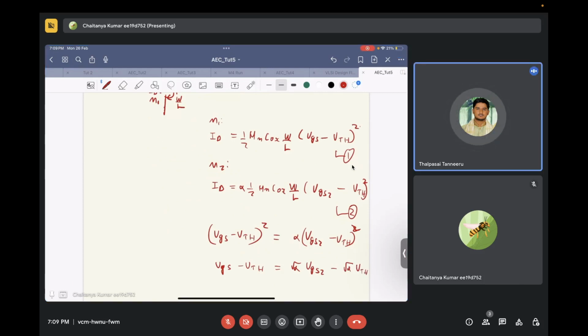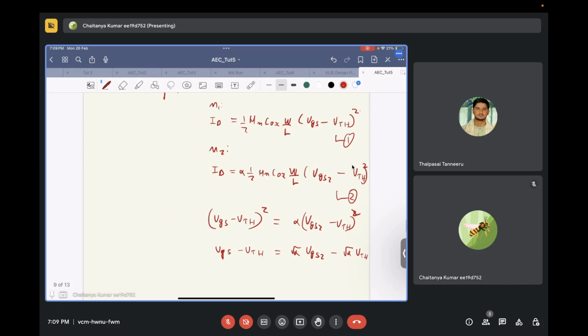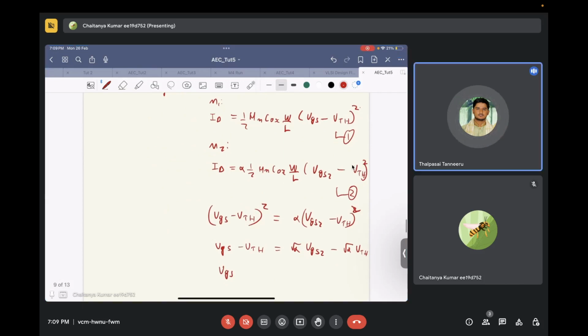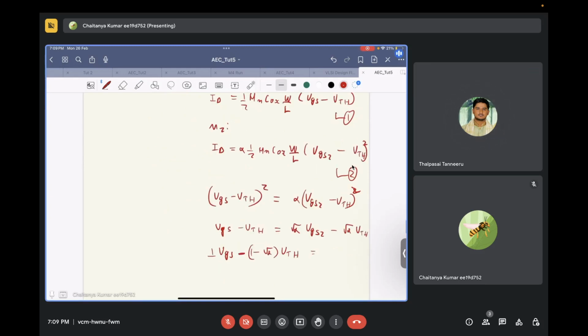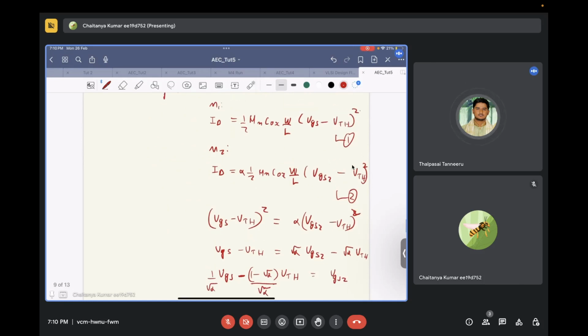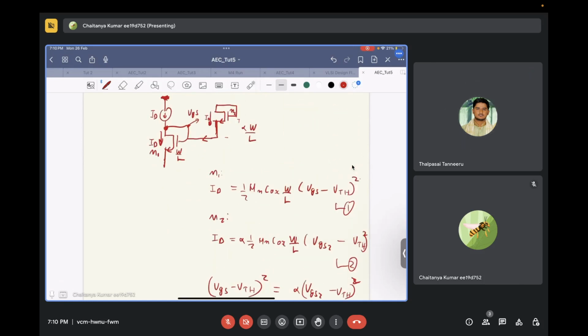Correct? Yes, sir. So you have over here VGS1 is equal to square root of alpha times VGS2, and we can separate it: you have 1 minus square root of alpha times VTH, is equal to, here is square root alpha again, square root alpha VGS2. Okay.